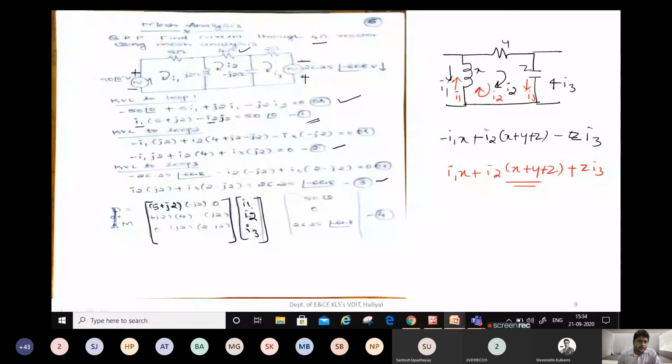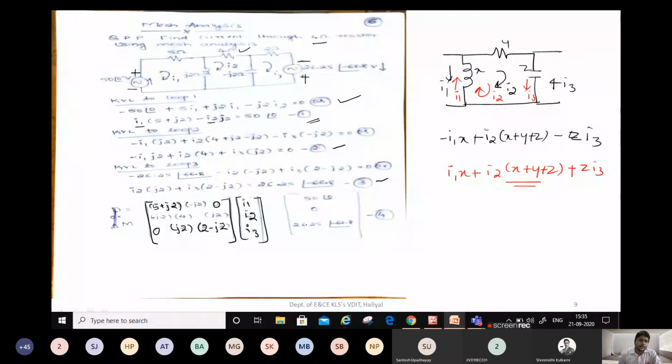Similarly, for equation 2, the coefficient of I1 is minus J2, 4 is the coefficient of I2, and J2 is the coefficient of I3. For the third equation, I1 is not there, hence it is 0. This is J2, the coefficient of I2, and this is 2 minus J2.